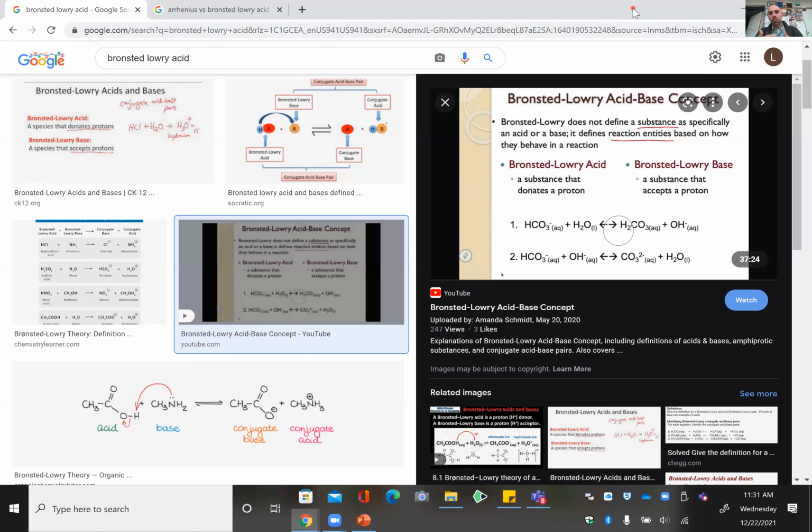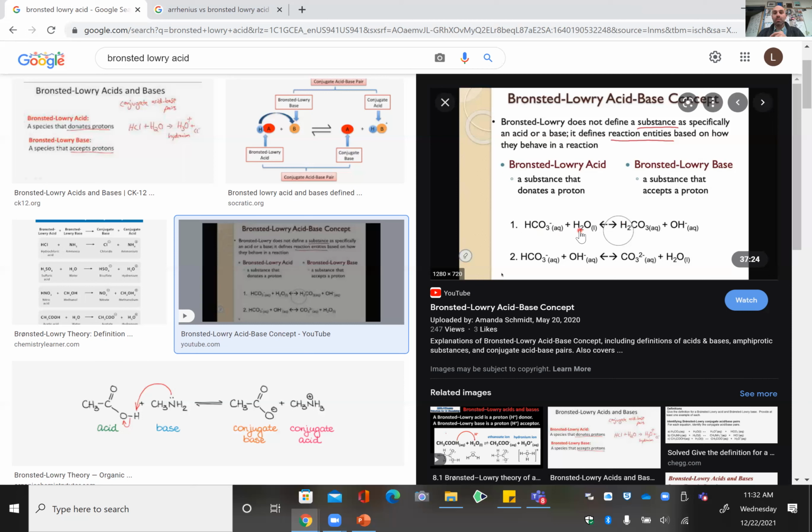So to better understand what this means in terms of a chemical reaction, take a look at the little chemical reaction right here. We have the bicarbonate ion, and we're adding that with water. In this case, we are going to get carbonic acid with hydroxide.